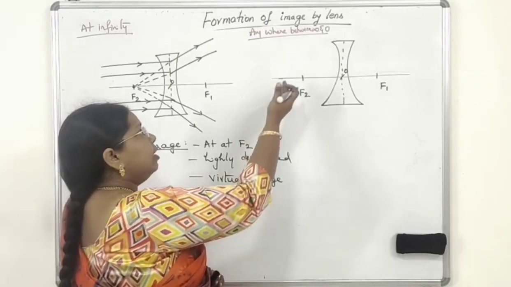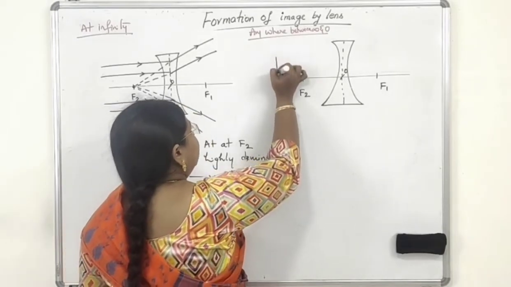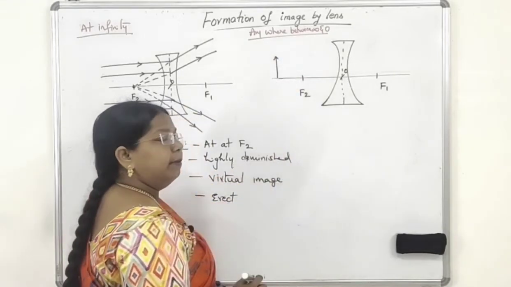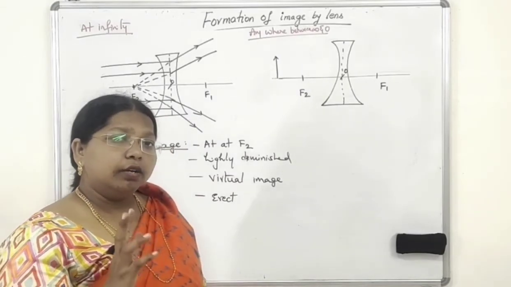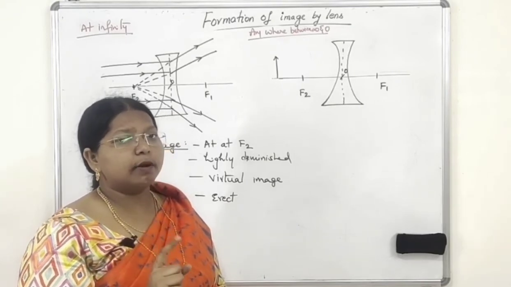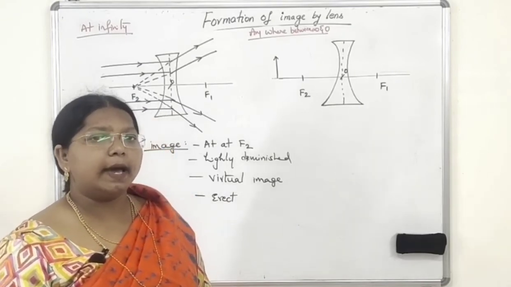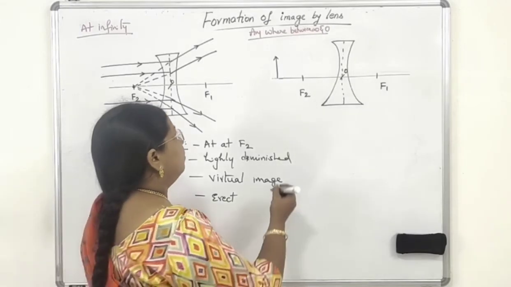And now anywhere between infinity and optical center, let us consider anywhere. Let it be an object AB. You have remembered that we have to draw two rays. One from optical center and one parallel to the principal axis. That may be at the top or at the bottom. We'll get the same answer.